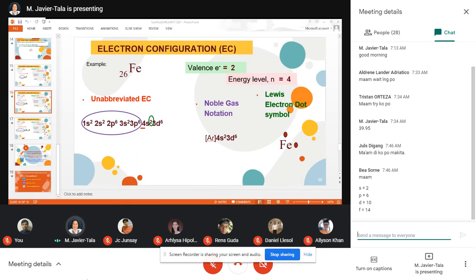So there will be 2 dots in your Lewis electron dot symbol. Then again, when you have done this, you can already identify how many your valence electrons are. So it is 2, and your highest energy level will be 4.